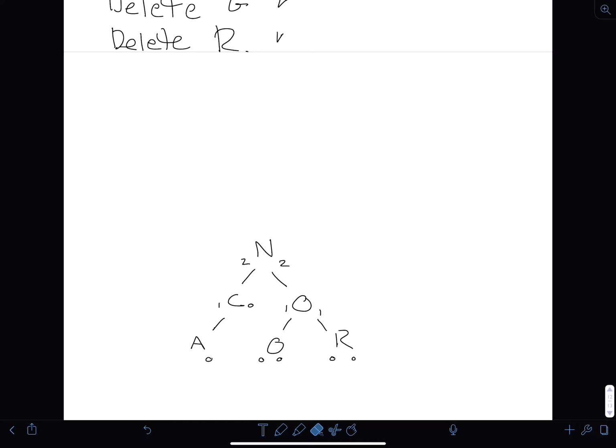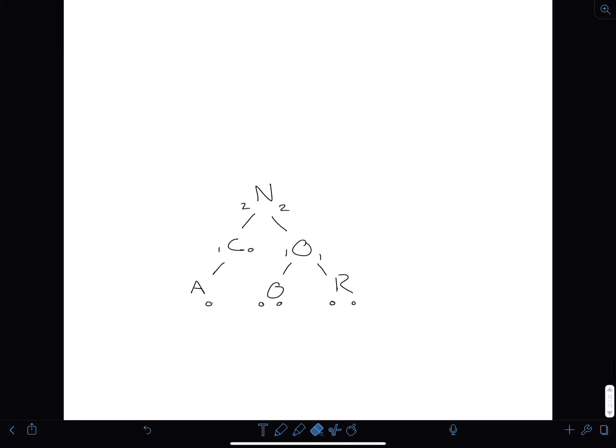In fact, it's not really visible here, but suppose we had another node here. Suppose we had a Z. And you go ahead and delete the R. Well, is it balanced like this already?